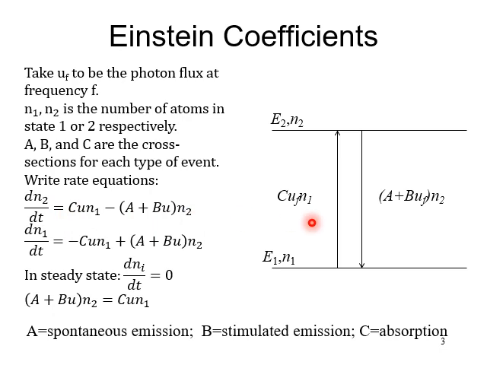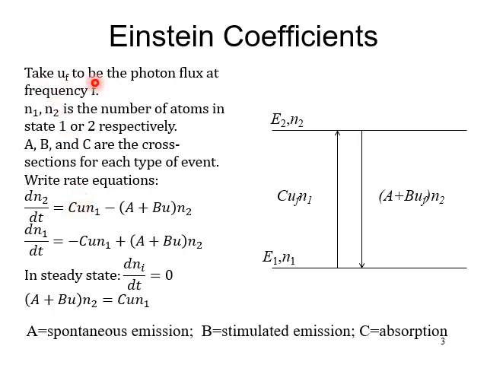to process C, which is absorption of light, taking an electron from the lower state to the upper state, which is going to be related to the flux of photons.